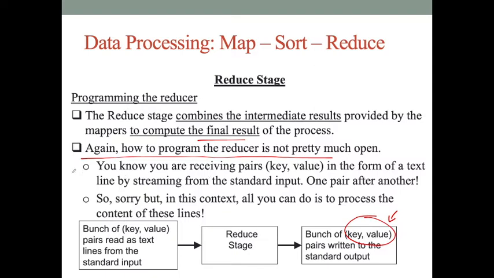And the important thing that you have to take into account when writing the program is that the input for a reducer, for each particular mapper, is going to be a set of key values, using the standard input. And then the output is also going to be a set of key values. That's the only way that we have to do it.